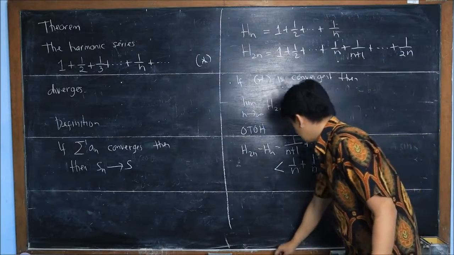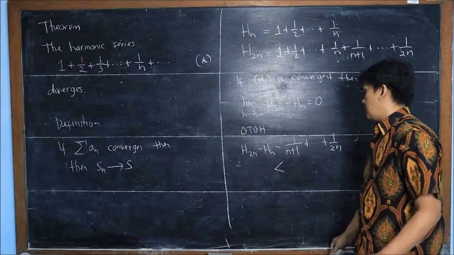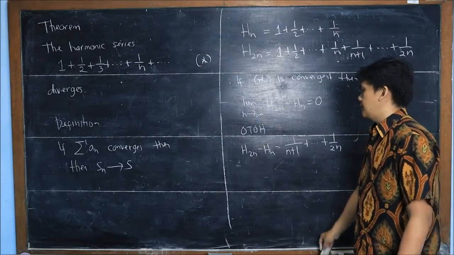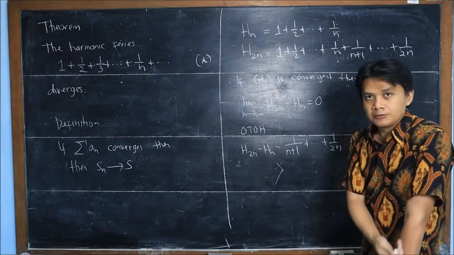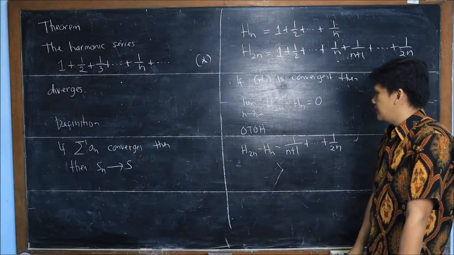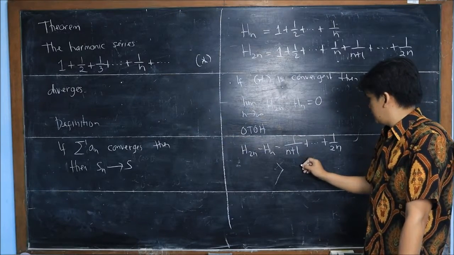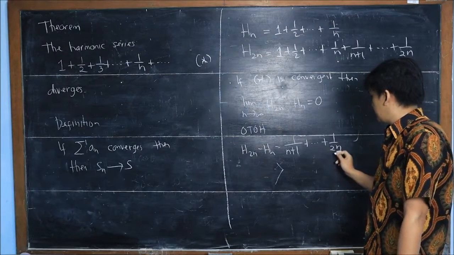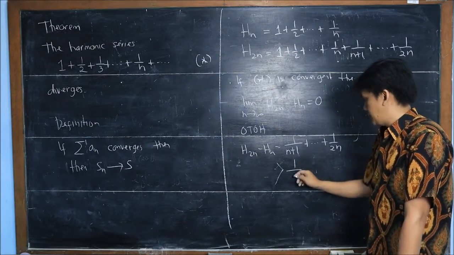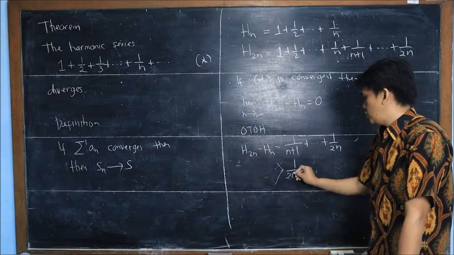Let's see, what I'm trying to say is how to get something bigger if we divide by something. Everybody here is bigger than or equal to 1 over 2n.